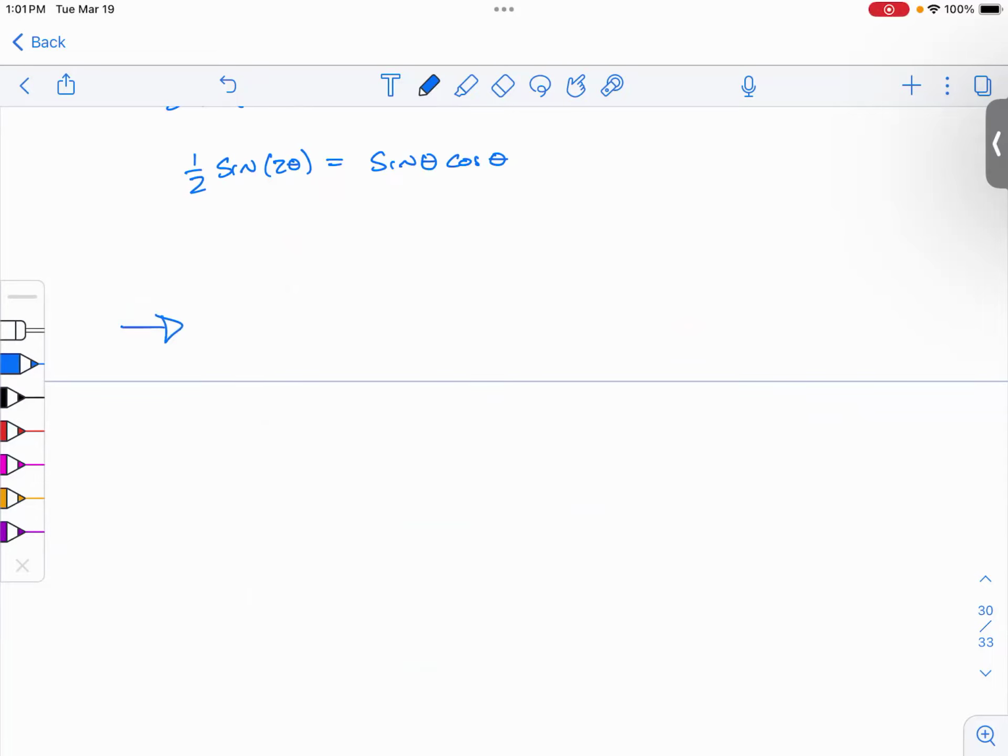So our equation now becomes 1/2 sine 2 theta equals -1/2. Then multiply both sides by 2. This simplifies down relatively nicely.